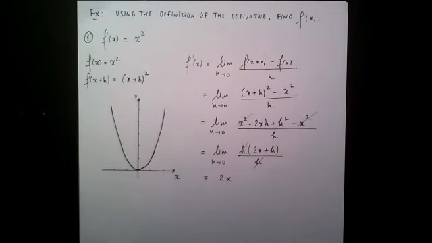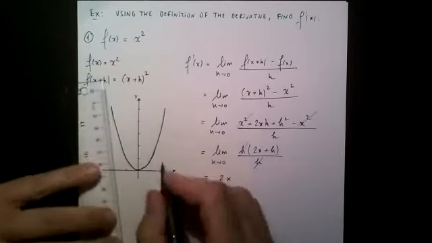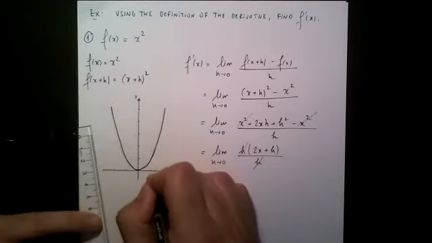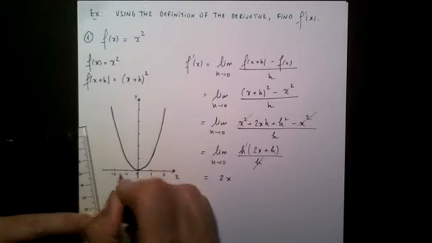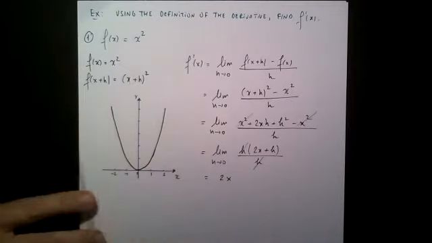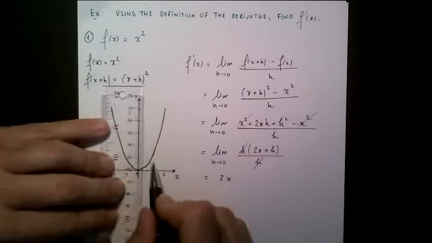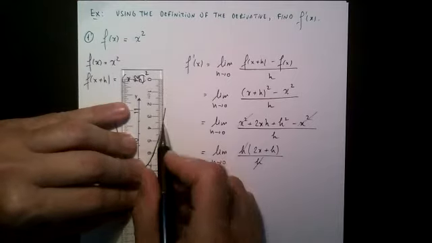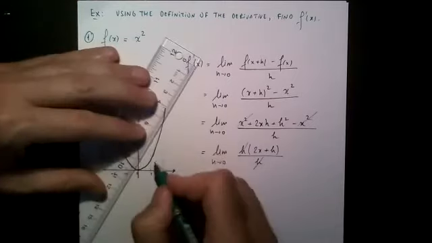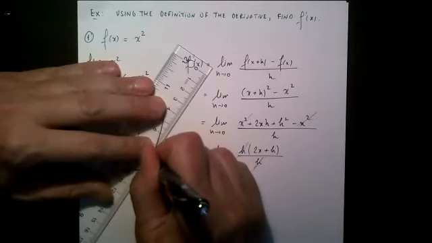So what does what we just found mean? Well, it means that if x is 1, there is a tangent here, and if x is 2, there is a tangent here, and the tangent at each point has a certain slope.